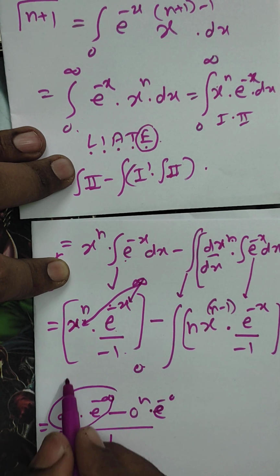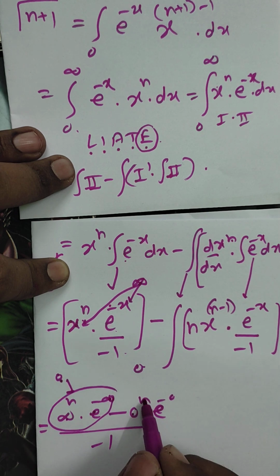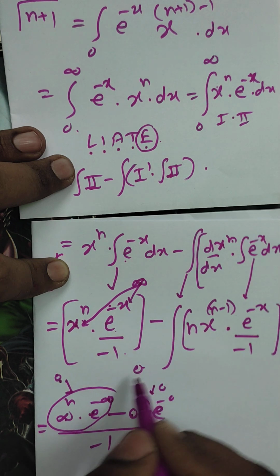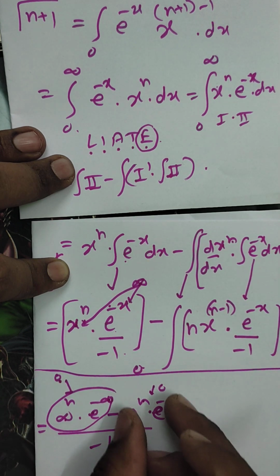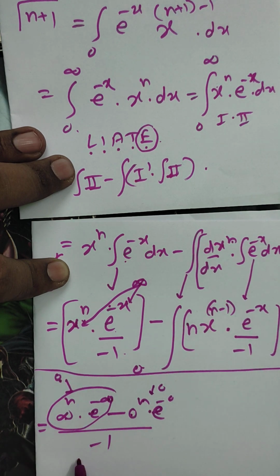This quantity is 0. E raised to minus infinity is 0, and 0 into anything is 0. So this also is 0. 0 minus 0 is 0. So this whole quantity became 0.